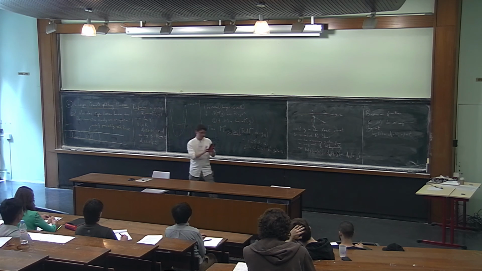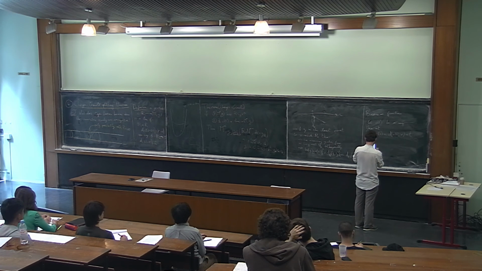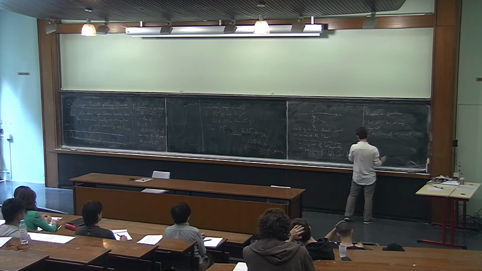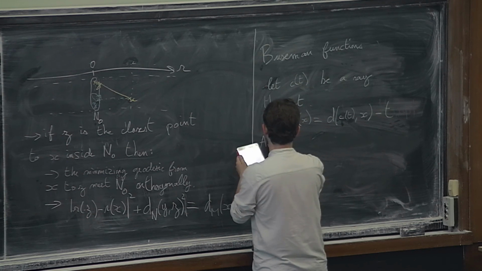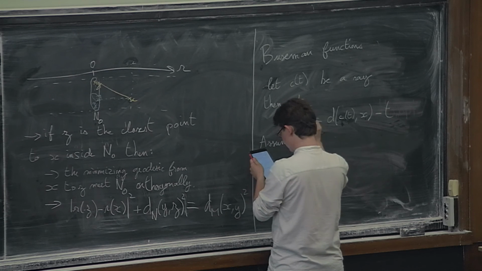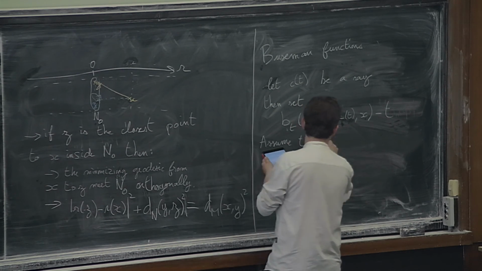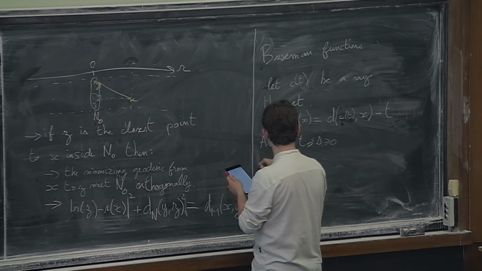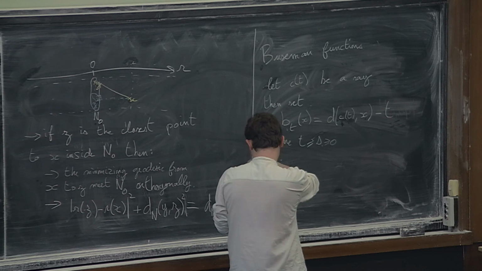With some small triangle inequality, you can do the following. Let's assume that t is bigger than s and is bigger than 0. Then let's play a little bit with the triangle inequality.